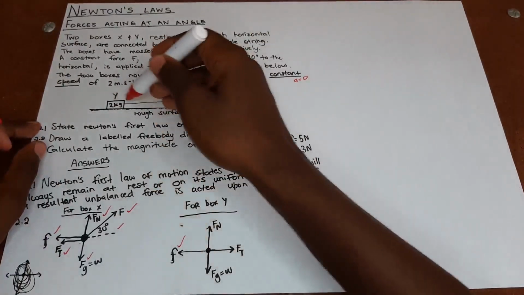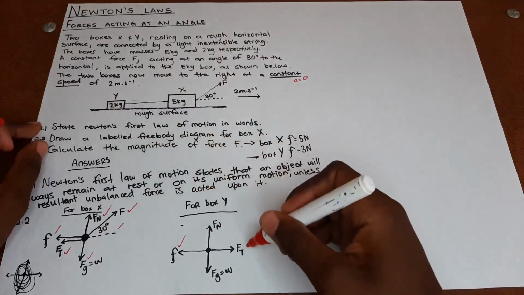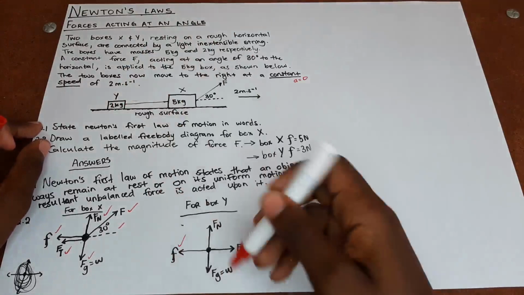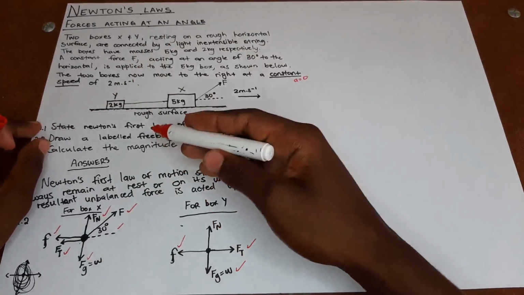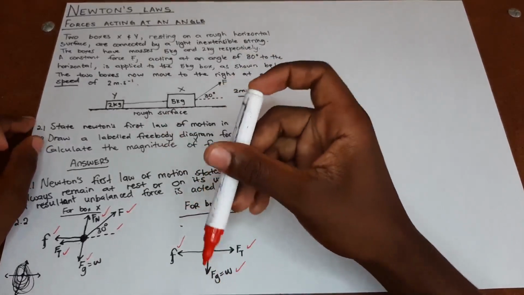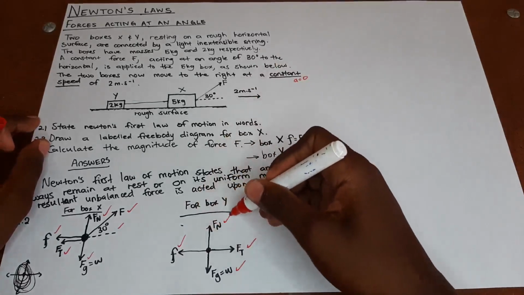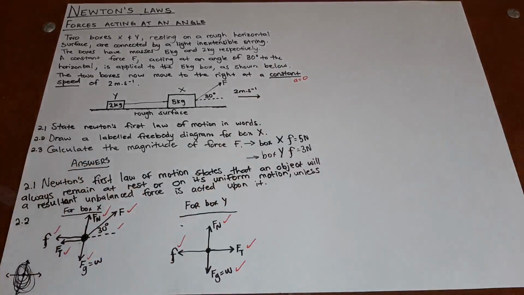You have your tension force because the 5 kg block is pulling the 2 kg block using that string. You have your gravity acting downwards, and FN acting perpendicular to the surface. So that's how it goes for your 2 kg block.